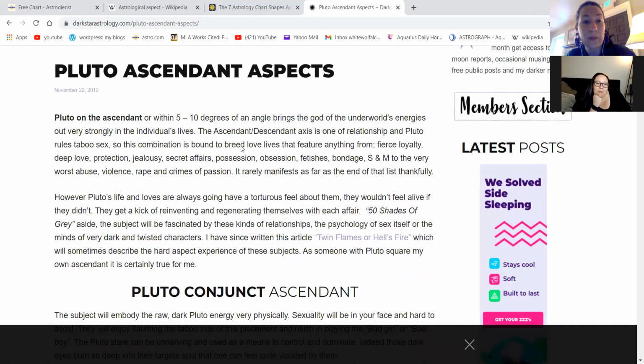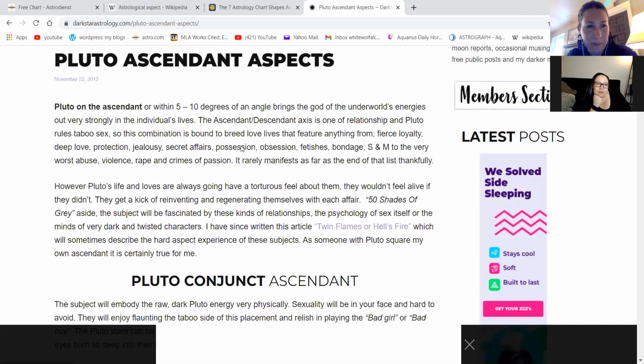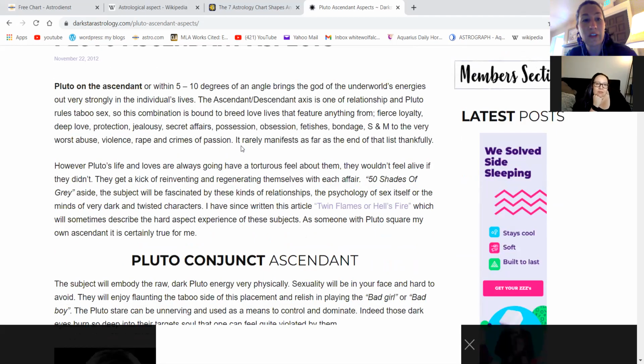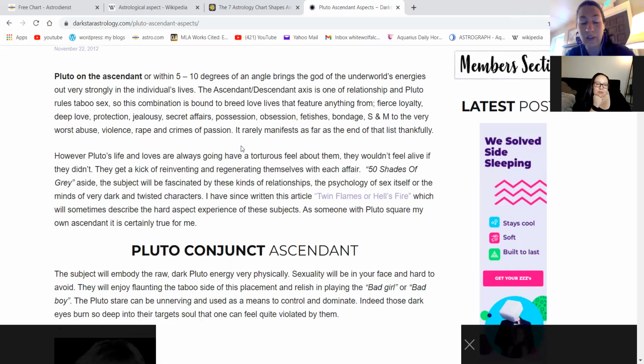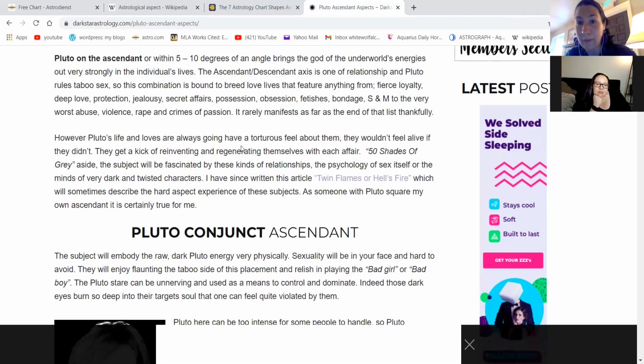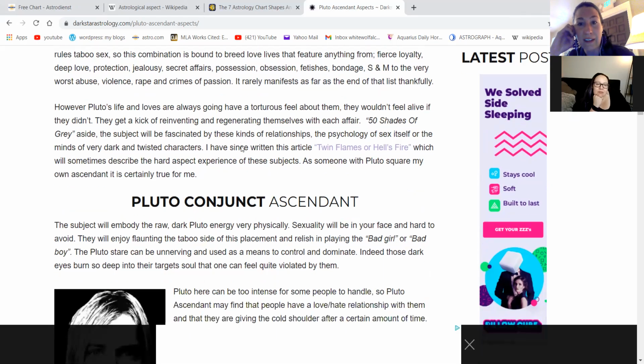So this combination is bound to breed love lives featuring anything from fierce loyalty, deep love, protection, jealousy, secret affairs, possession, obsession, fetishes, bondage, S&M, to the very worst: abuse, violence, rape, and crimes of passion. It rarely manifests as far as the end of that list, thankfully.